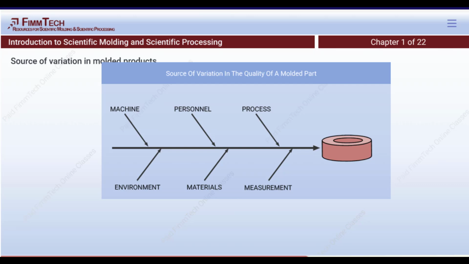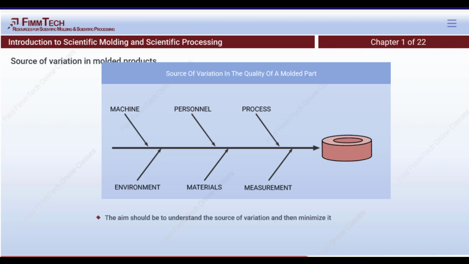Each of these elements will have their own fishbone diagram and will induce variation within themselves. For example, the molding process. There are 11 plus 2 or 13 molding parameters on the molding machine that contribute to the molding process. A variation in each of these will induce variation in the final molded part.